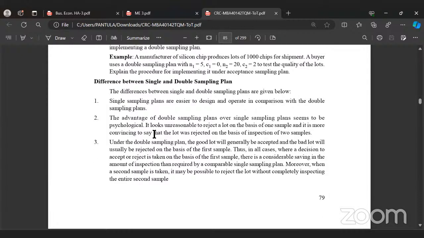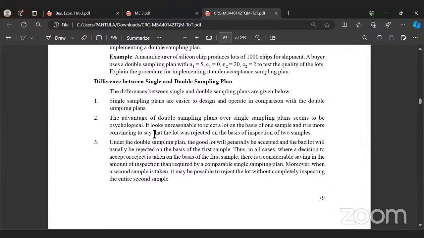So what is meant by single sampling and double sampling? Single sampling plans are easier to design and operate in comparison, but double sampling is somewhat more expensive, and we need to compare between the first sample and second sample. So it incurs cost, and it also takes some time to check the quality.